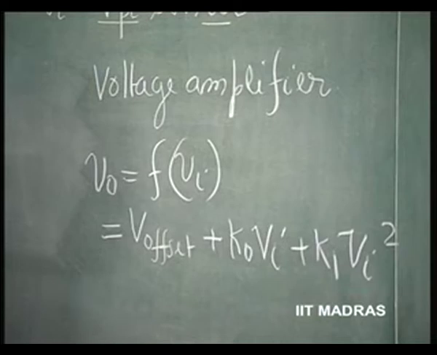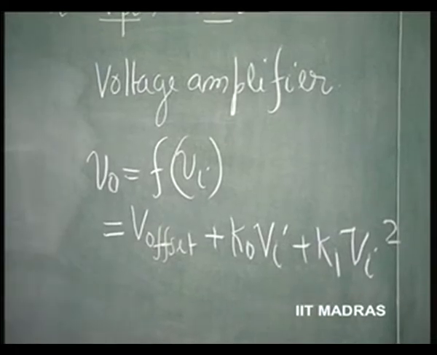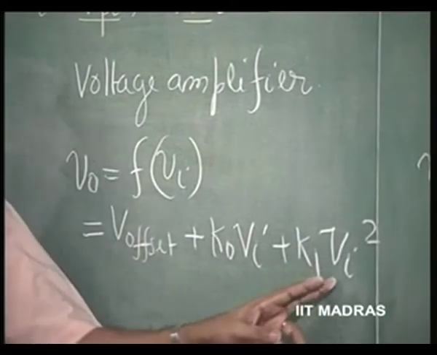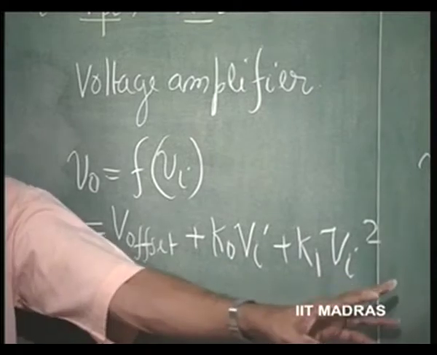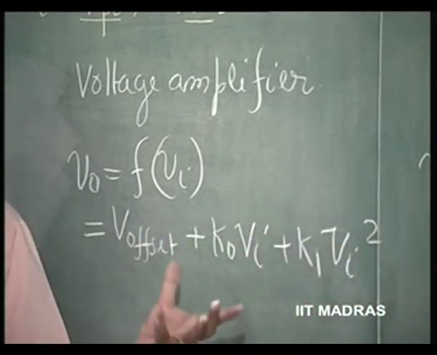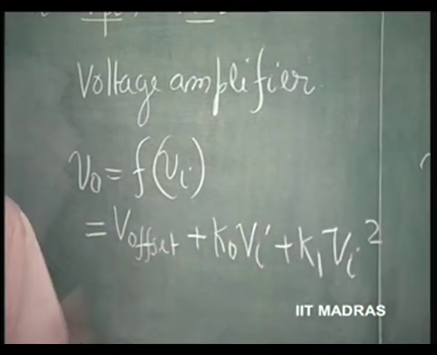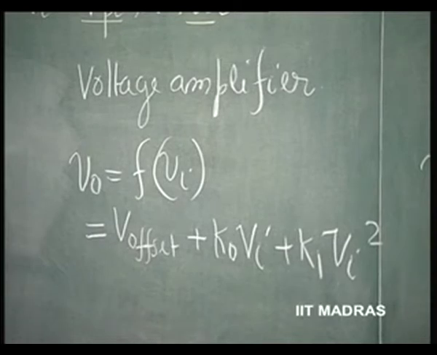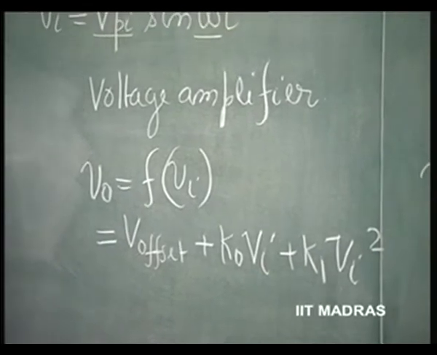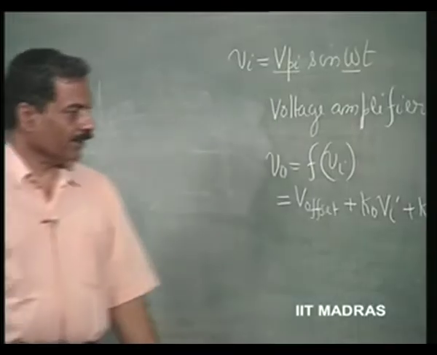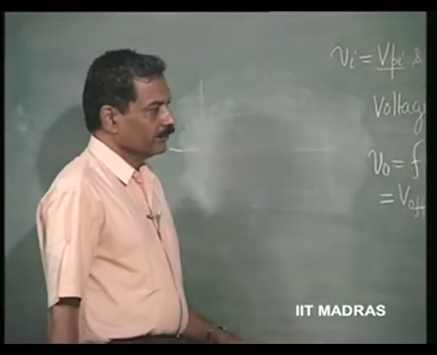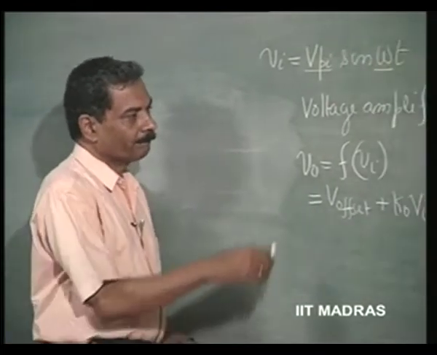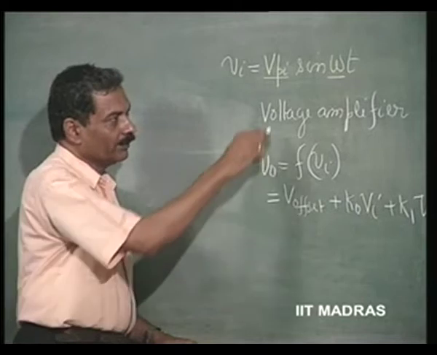I am considering now only nonlinearity due to the square term. The rest of the nonlinearity I am ignoring. This is to illustrate as an example, right. So, this is the amplifier that we are going to discuss. If this is the nonlinearity present in an amplifier, then what is going to be the amount of distortion?